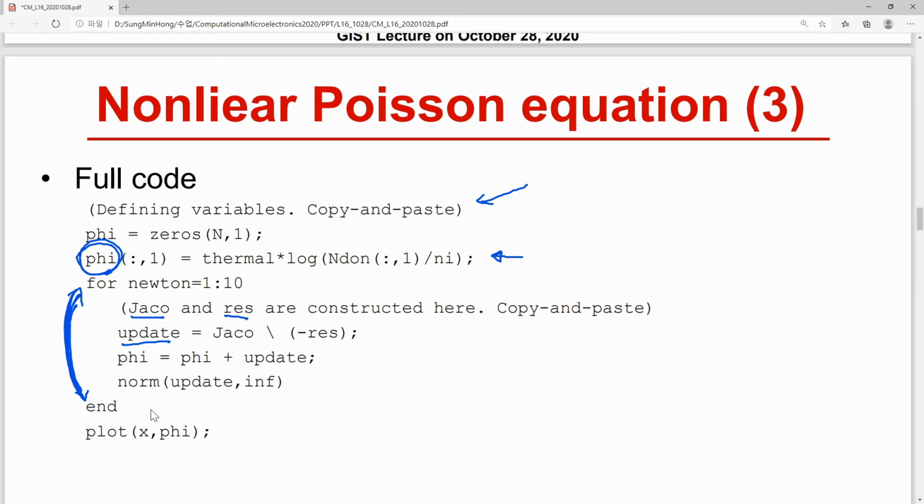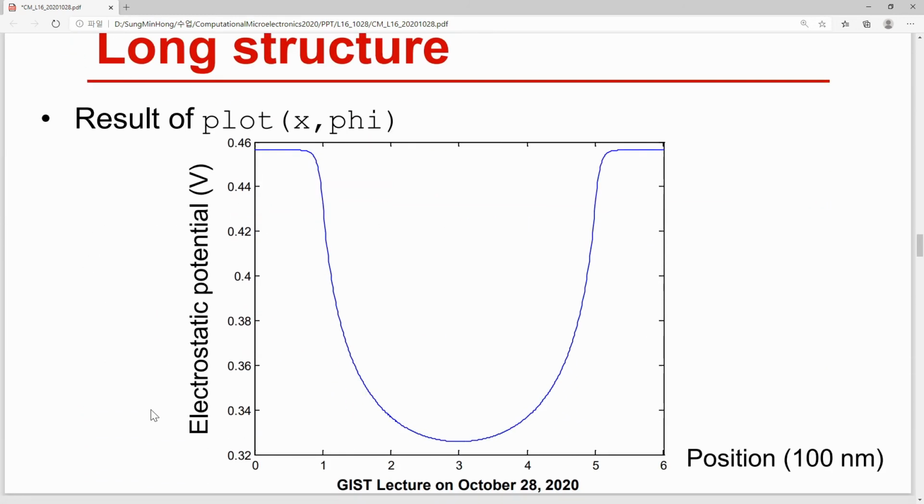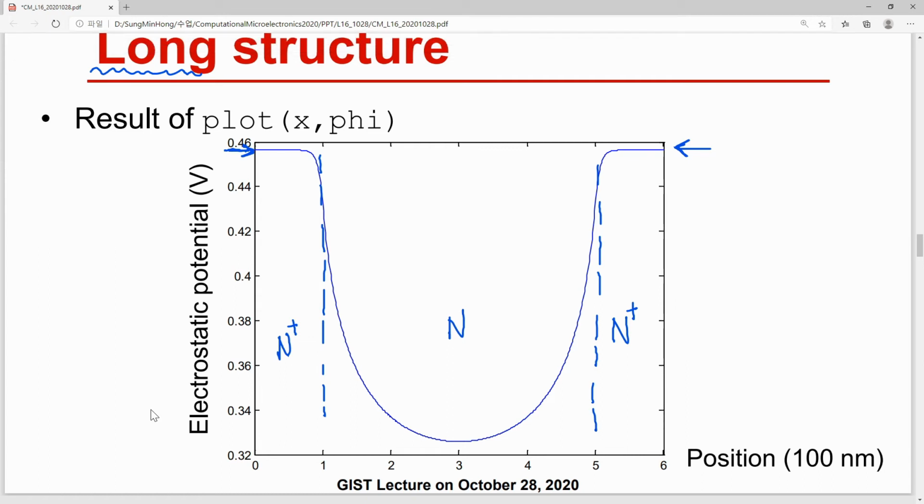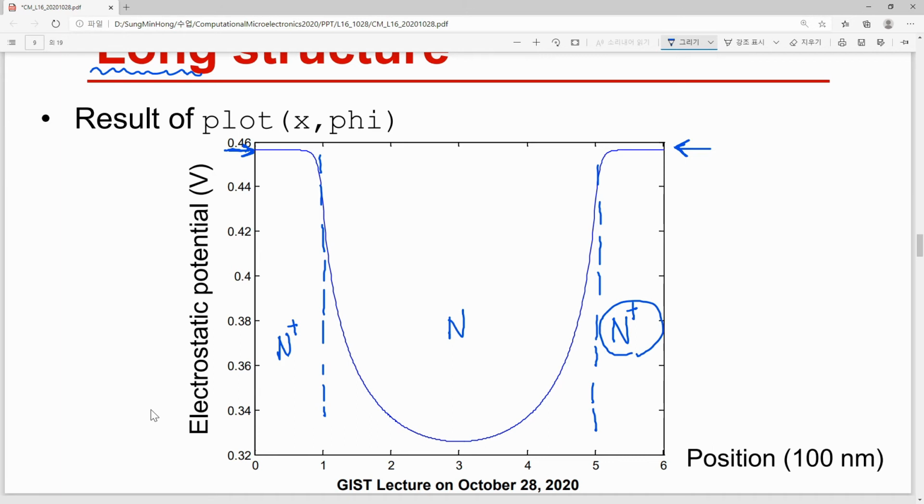Then you can plot it, and that is shown here for the long structure. As you can see, you have higher potential in the n plus region. This corresponds to your n plus region and n plus region, and this corresponds to your lightly doped n region. So for your n plus region you have higher electrostatic potential.